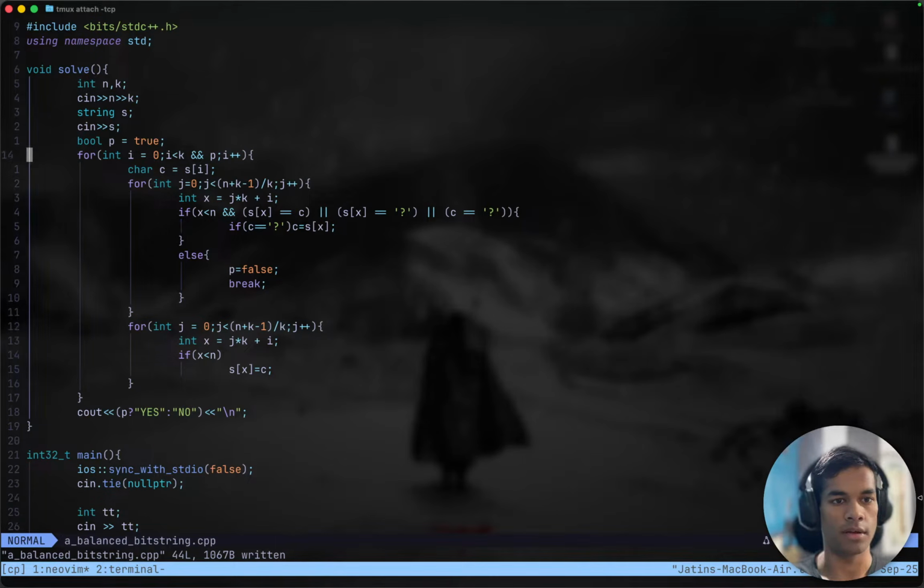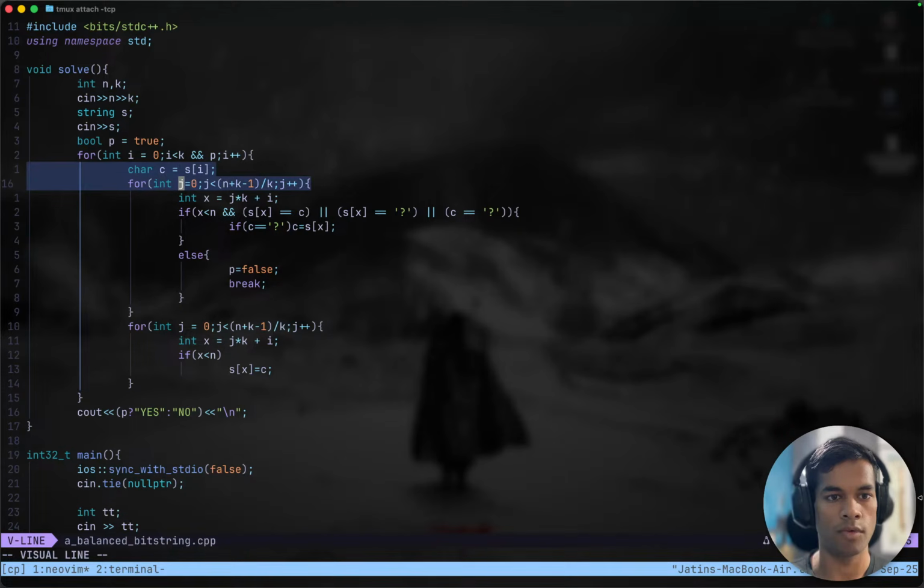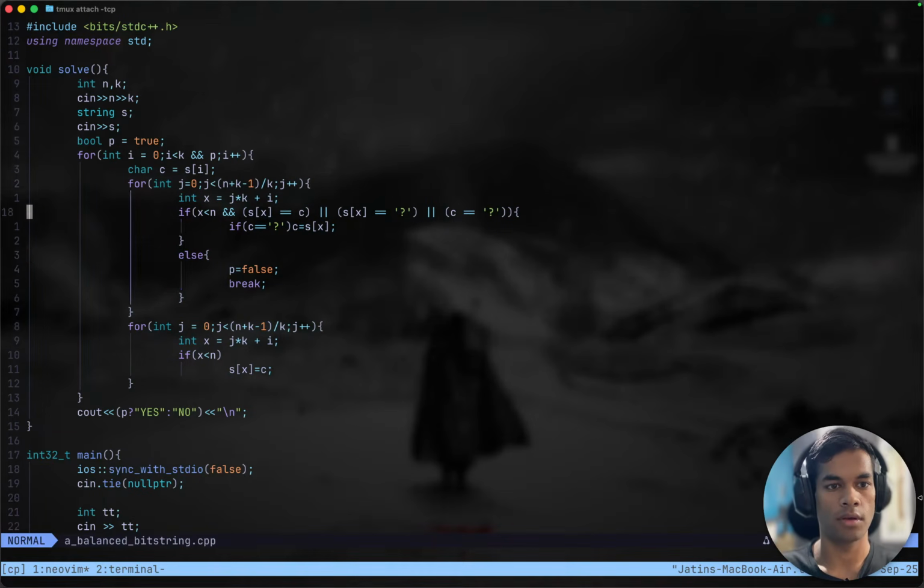For every character in K, we want it to repeat. C is the character which is currently there, and j is the index for the substring that we are indexing, and then we do this. K is the length.